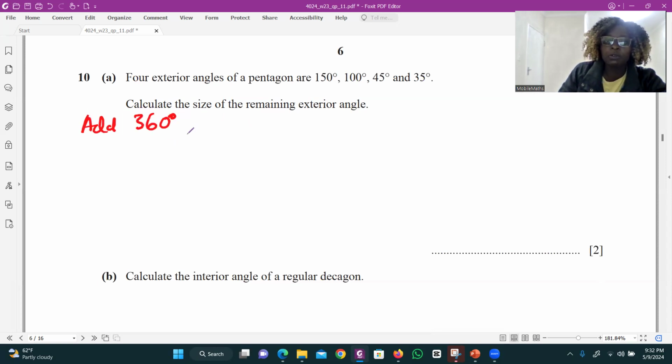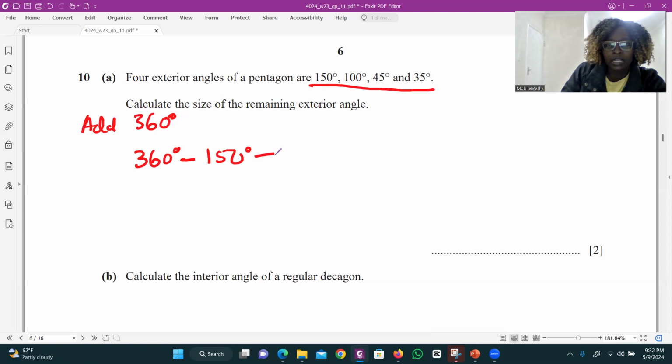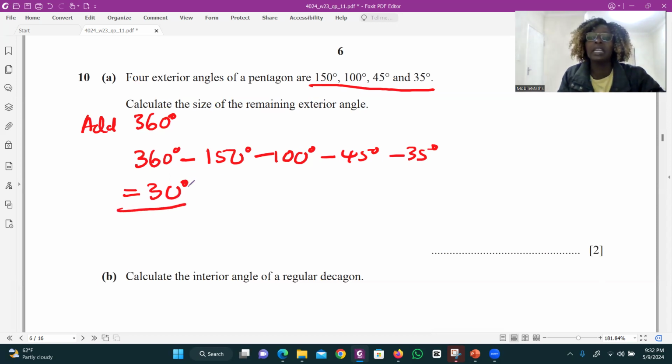So if we want to find the remaining angle, we are going to say 360 degrees minus 150 degrees, minus 100 degrees, minus 45 degrees, minus 35 degrees. If I subtract all of this, I'm going to get 30 degrees. That's the size of the remaining exterior angle.